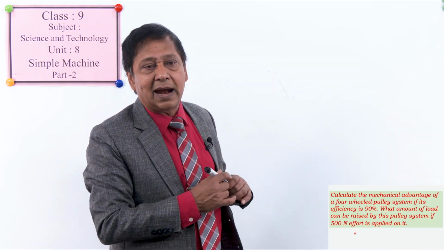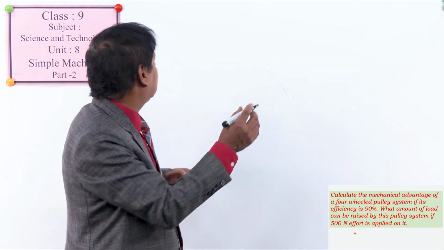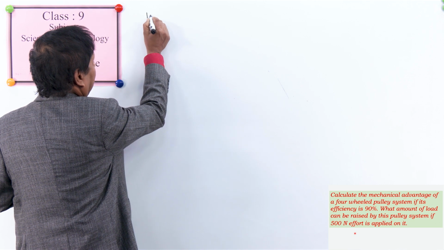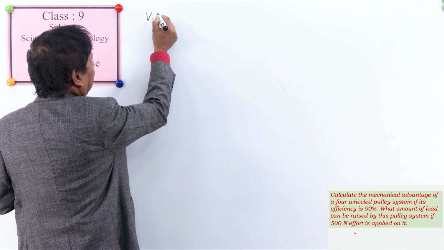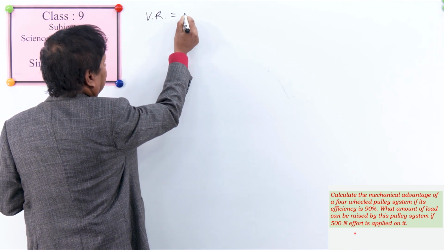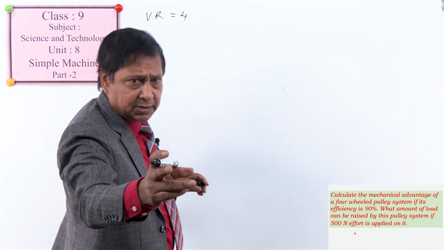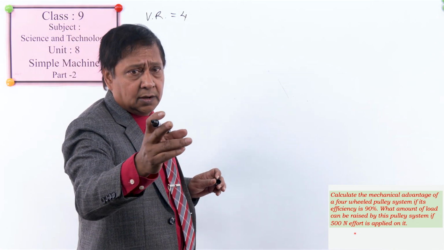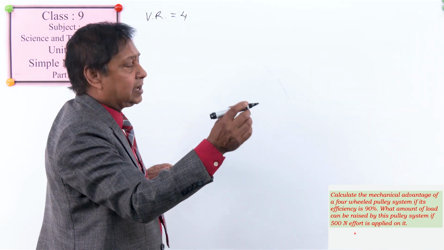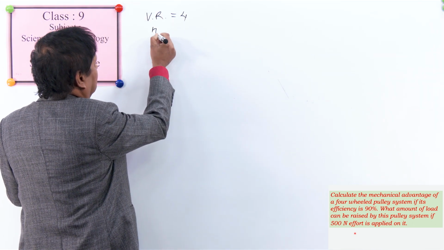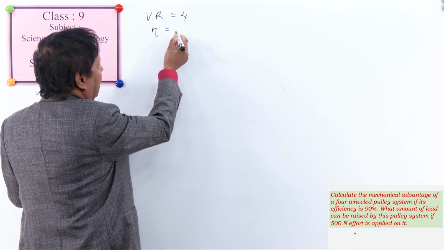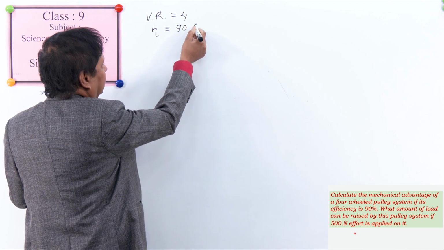Calculate the mechanical advantage of a four-wheel pulley. Means what? Velocity ratio for a four-wheel pulley is 4. We can take velocity ratio 4. Now next, the four-wheel pulley system's efficiency is 90%. Efficiency is symbolized by eta. It is 90%.